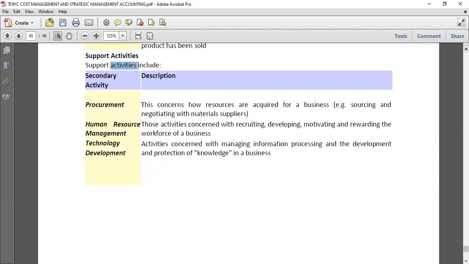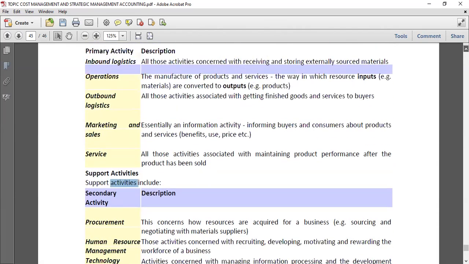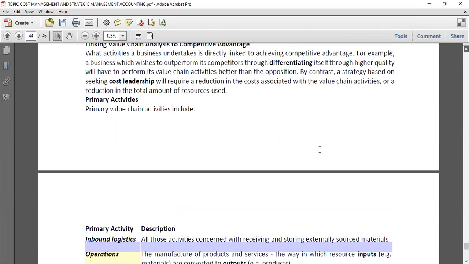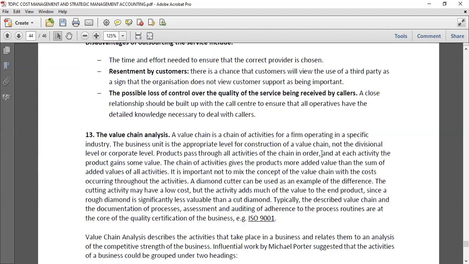So by value chain analysis, what we are basically doing is looking at our overall process to see how we can become more competitive as a business. So we are also measuring ourselves against the competition.